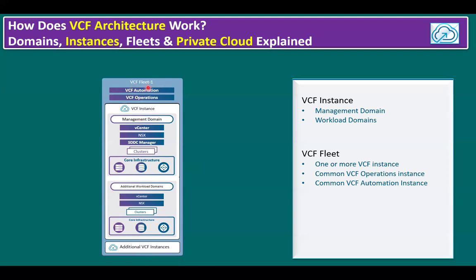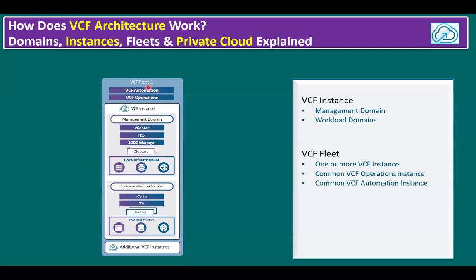So to elaborate this point, a VCF fleet can be comprised of one or more VCF instances and is managed by a single set of fleet level management components. The fleet management components comprise a single instance of VCF Operations and a single instance of VCF Automation.